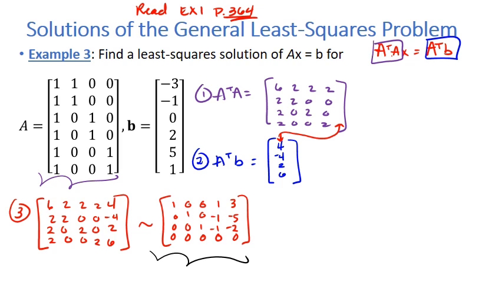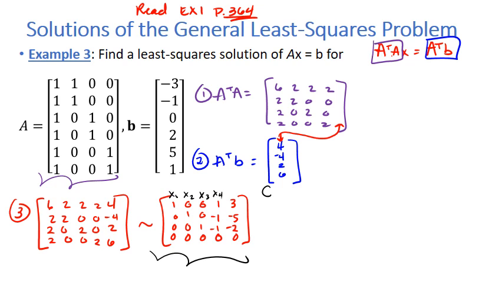So what we're going to do is find our general solution, and then use our general solution to come up with a general least squares solution. Okay, so remember from previous lessons that this is x1, x2, x3, and x4.